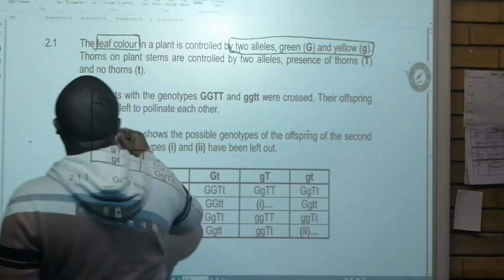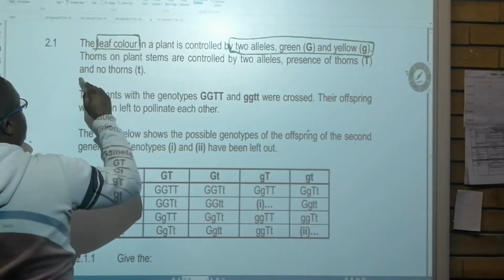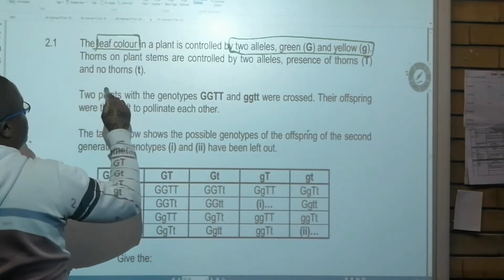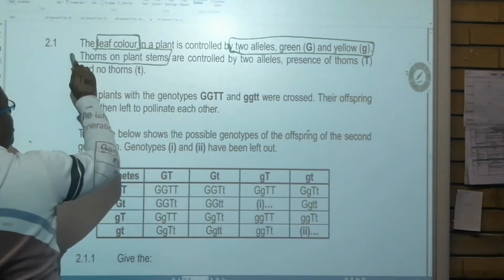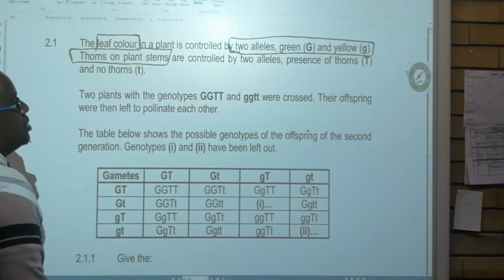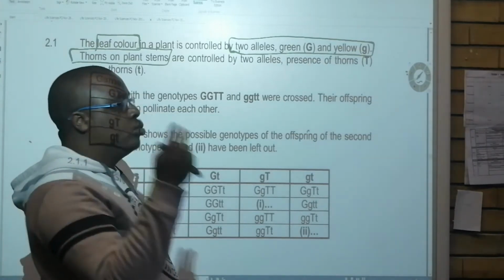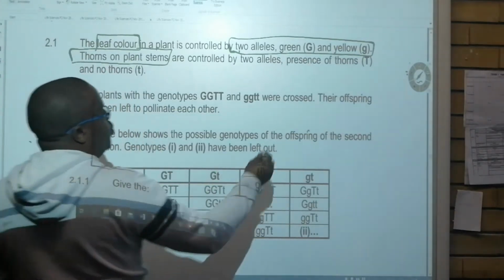And then there's another characteristic. So this is a characteristic. Thorns on plant stems is another characteristic. So how many characteristics are we looking at? 2. Are controlled by 2 alleles again.